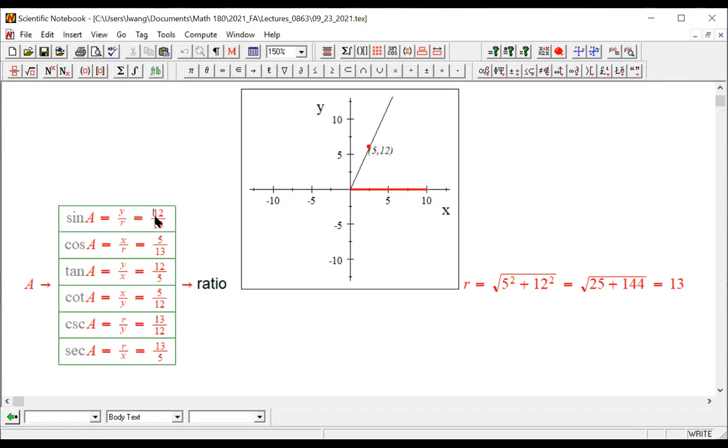But 12 over 13 has no exact decimal form because you're going to have lots of decimal places, and that has to be truncated. You have to round it. If you round it, it's not exact. You guys follow me? So in that case, you have to give the exact form.